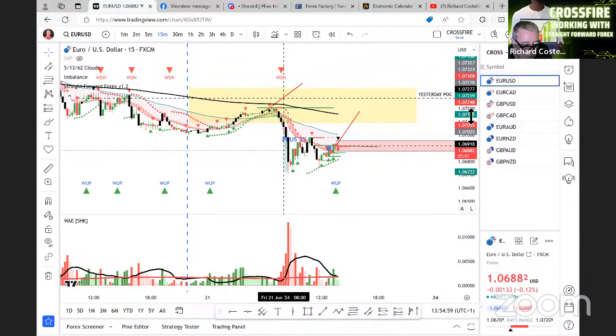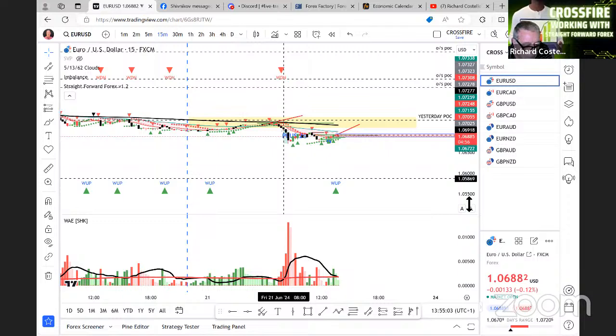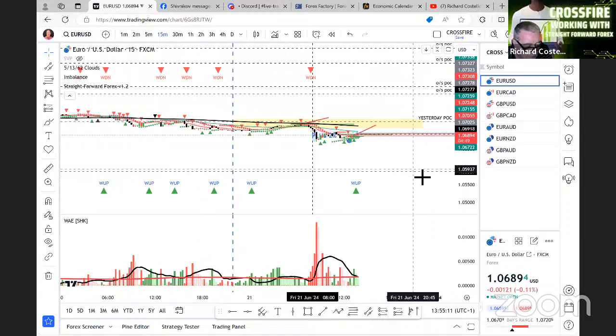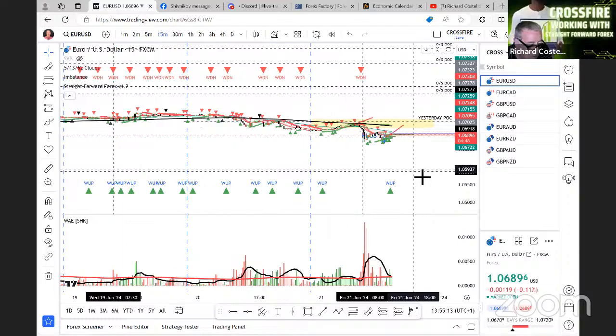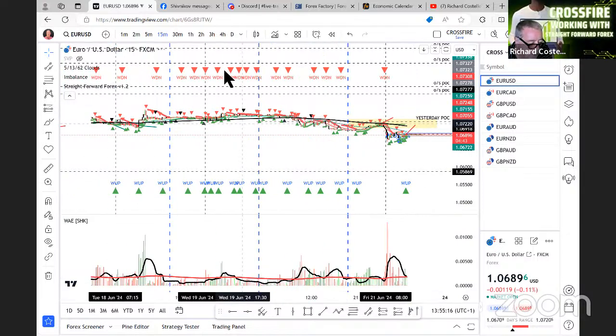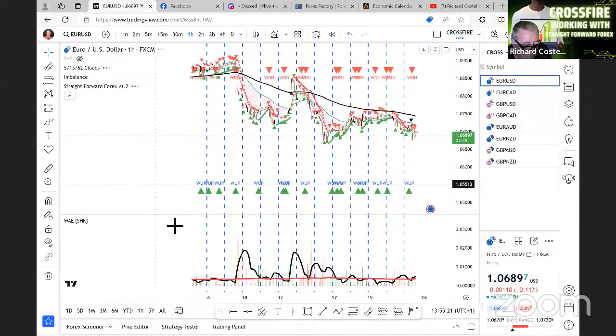I'm just going to look below where price is, and just wondering what that indication is there. We need to go onto a bigger time frame. I'll go up to the 1 hour time frame and just follow that.